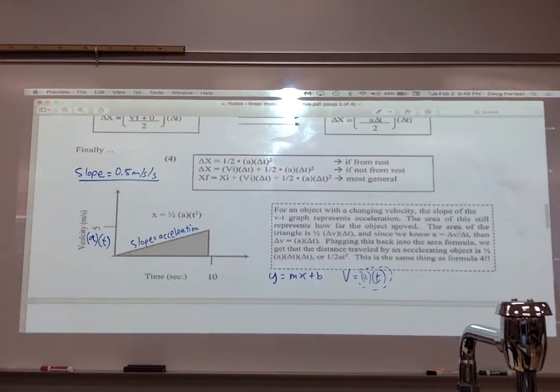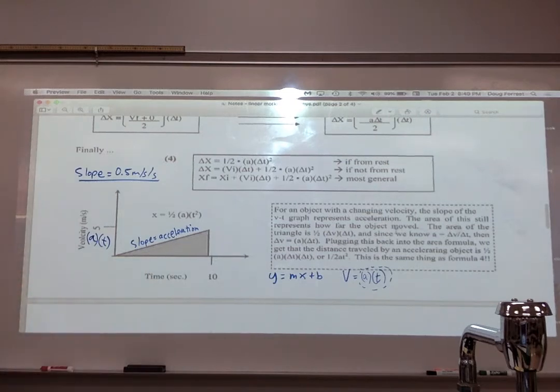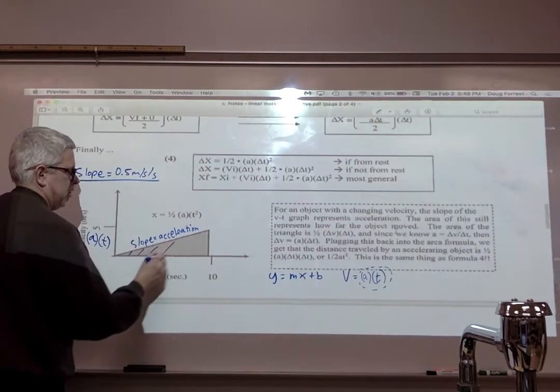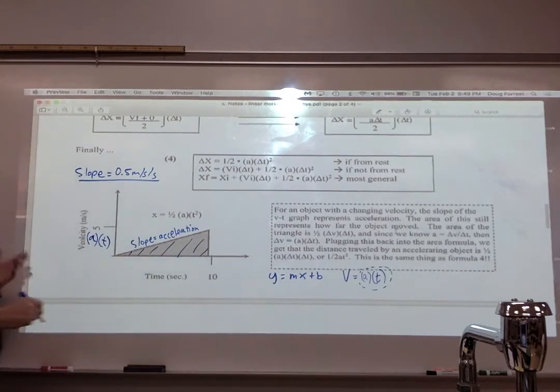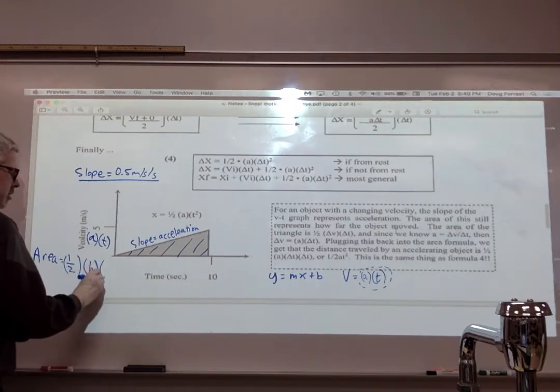Well, we already know that the area of a velocity time graph gives us displacement. So in order to get the displacement of this, I'm going to get the area of a triangle. So the area, 1/2, you could say base times height or height times base. I'm going to say height times base.